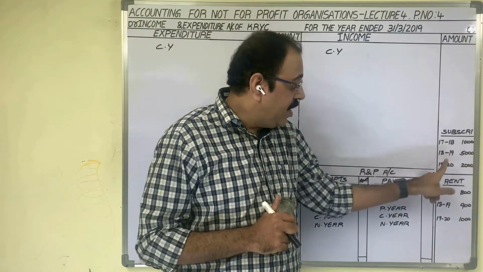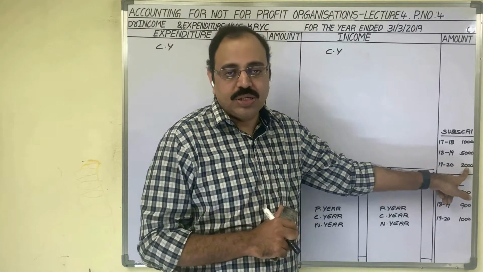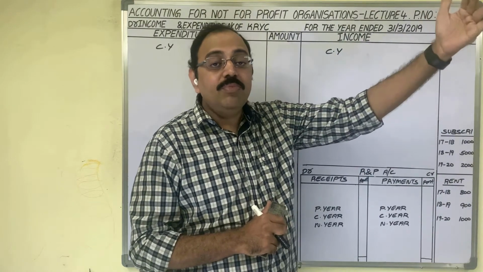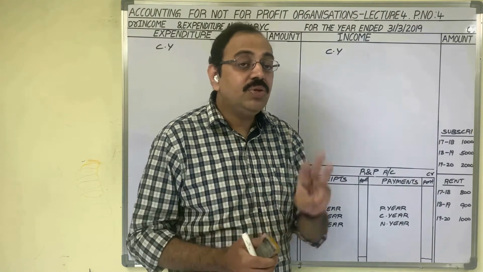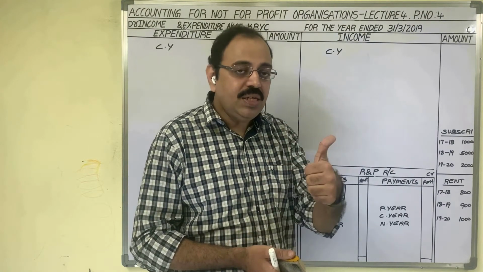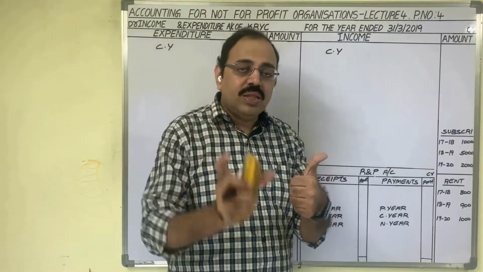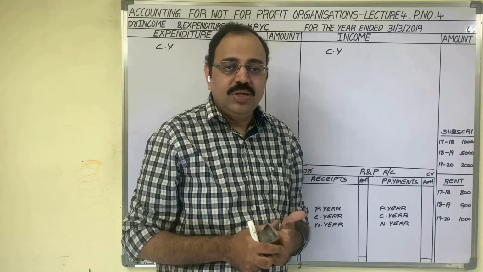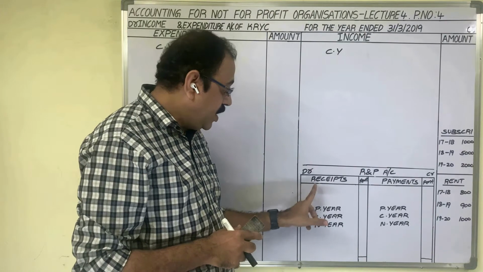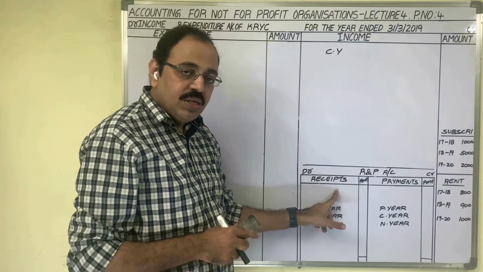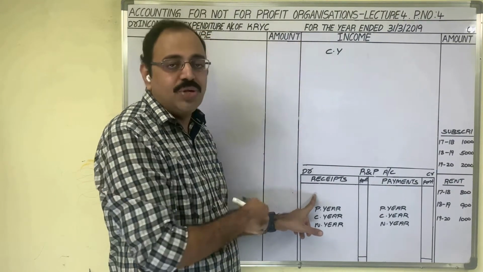Similarly, for next year 19-20, subscription income is 2,000 rupees. That amount the firm received in the current year only. So in the current year the firm received three subscriptions: one is the current year amount, one is the previous year amount, and the third one is the next year amount. While preparing the receipts and payments account, on the receipt side, we take 1,000 rupees, 5,000 rupees, 2,000 rupees.